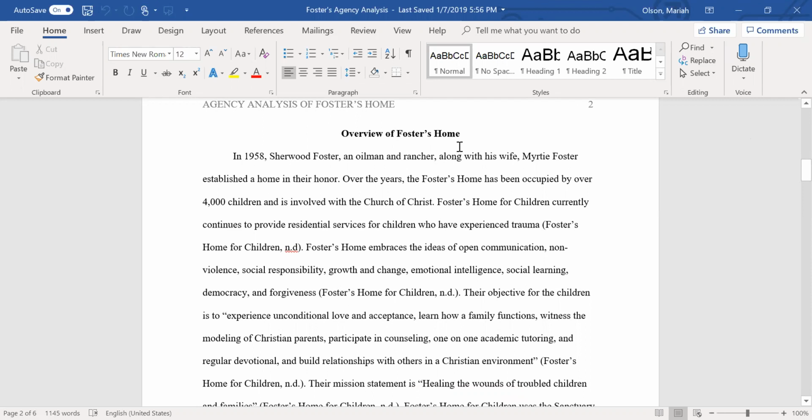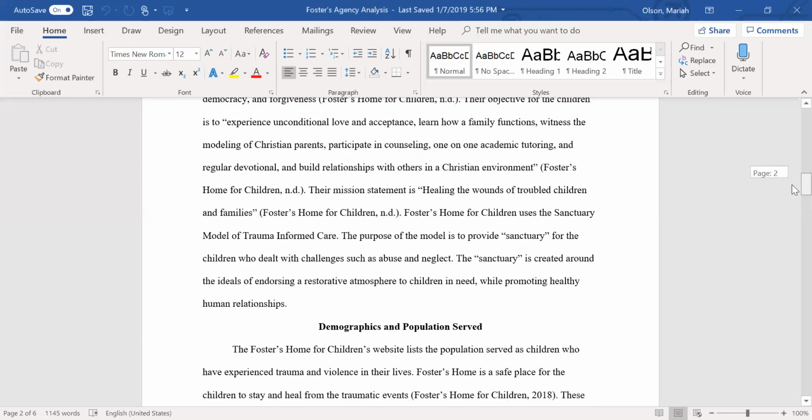Ours is Foster's Home. I'm just going to go over what needs to be in this section. Basically, you need to say when the agency was opened and why, who it was opened by, and how many children have been in the Foster's Home for Children home. They embrace the ideas of open communication. If they have a mission statement or objective, this is good information to include here.